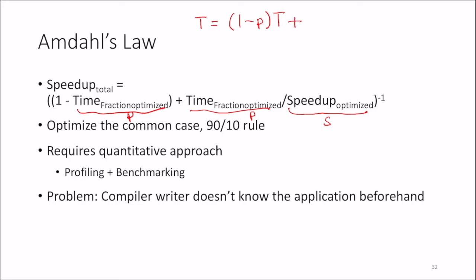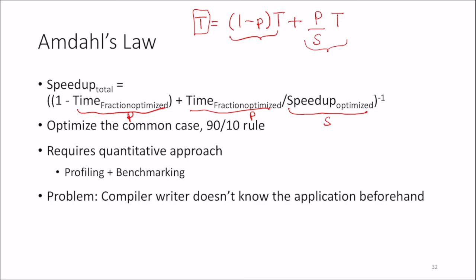Plus you take P, which is the part that you can optimize, and you divide it by the speed up. And this is the part which is going to help you. Code optimization is going to speed up your program by that much. So this is the total time that you can get, which is the part that you couldn't optimize, here, and then the part that you could optimize, here. And you add those two up.